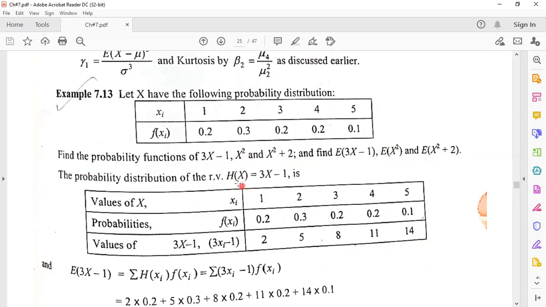Probability distribution of random variable h of X, 3X minus 1, values xi from 1 to 5, probabilities as we have seen in the earlier table 0.2, 0.3, 0.2, 0.2.